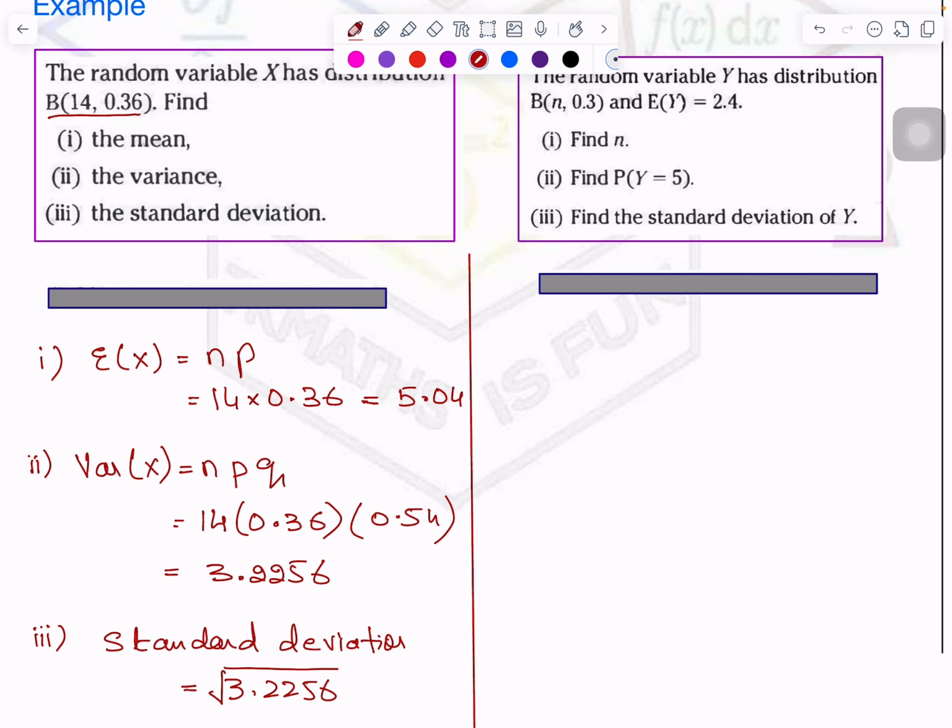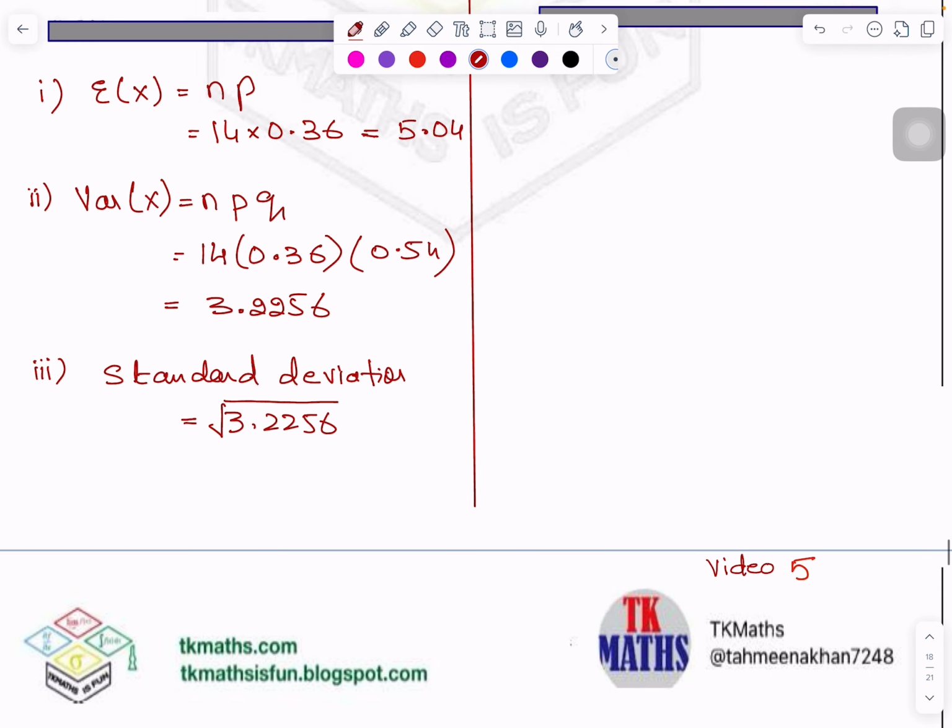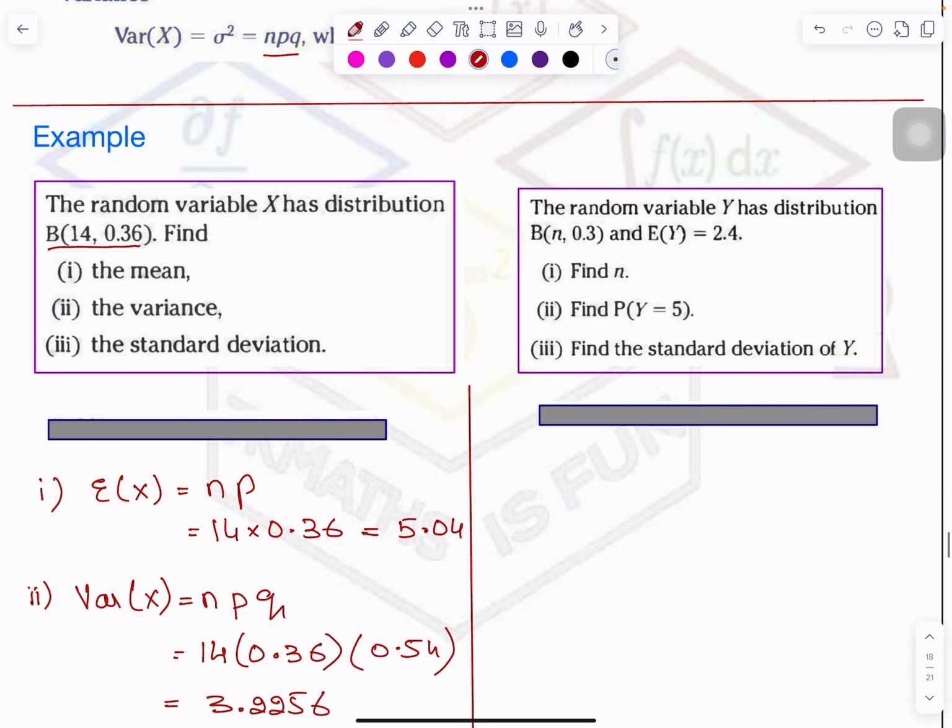So root of this is 1.7959. Just a minute. So it is 1.80.